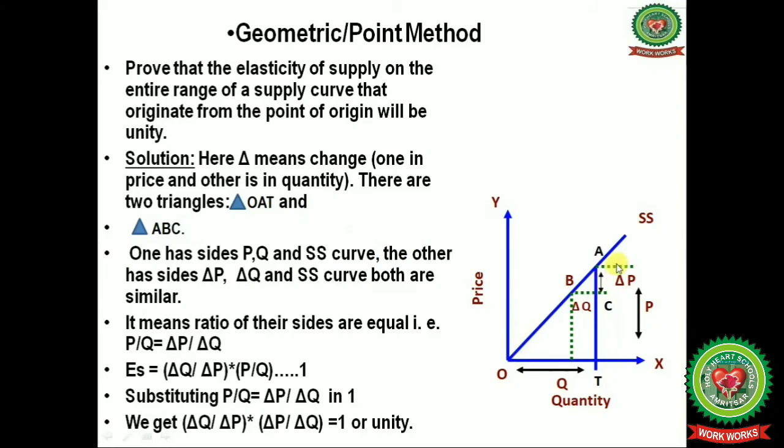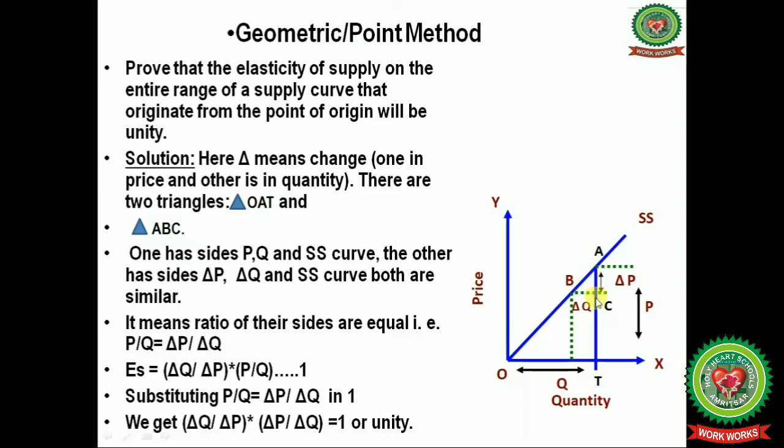First one is OAT and the second one is ABC. OAT has sides P and Q and the supply curve, and the other triangle ABC has sides delta P and delta Q and the upward sloping supply curve SS.